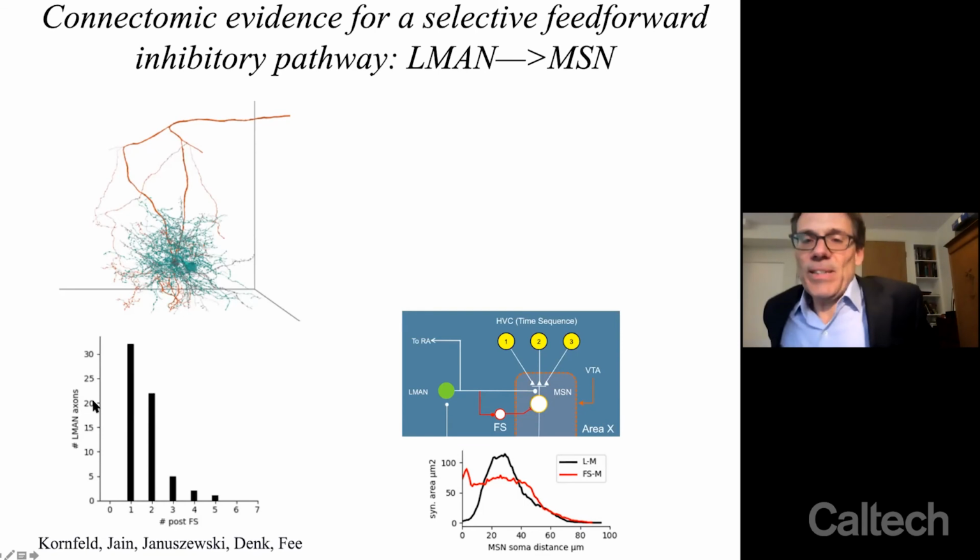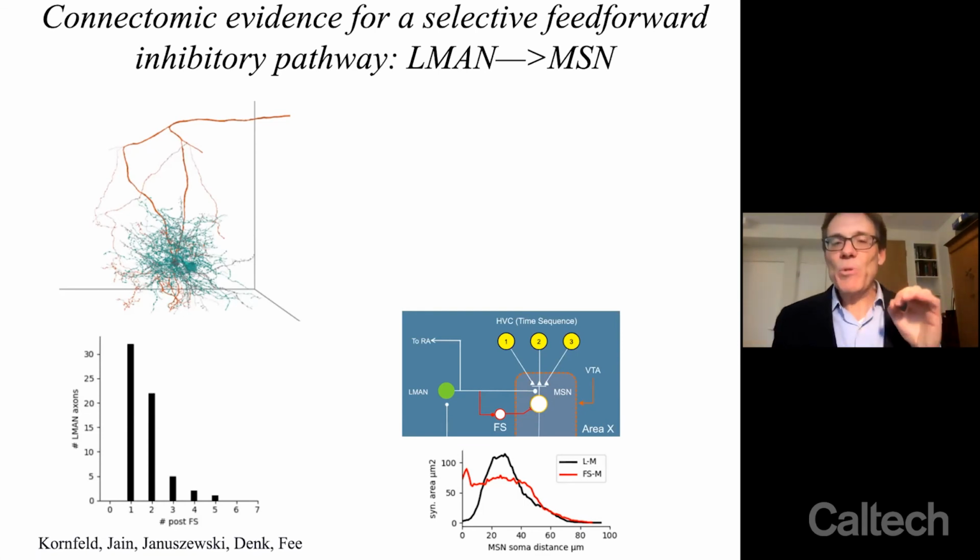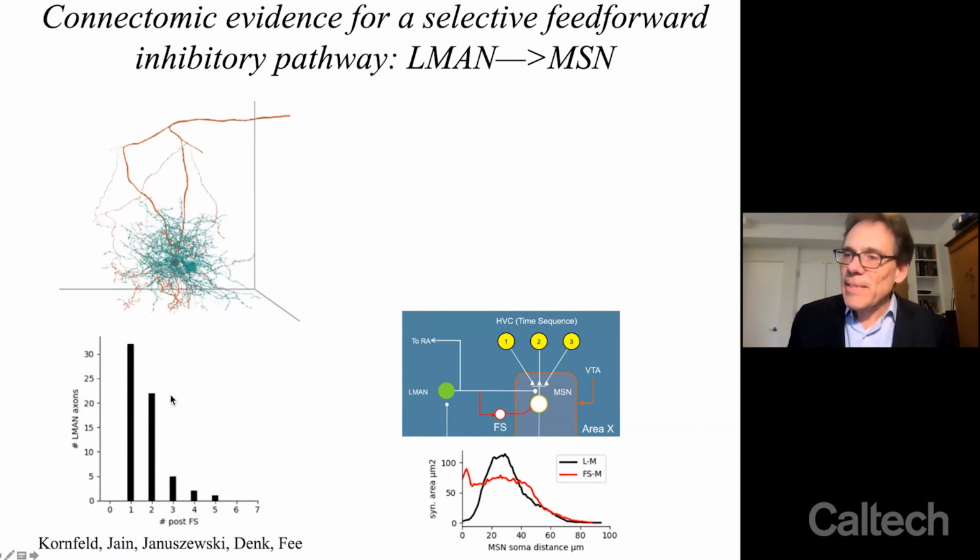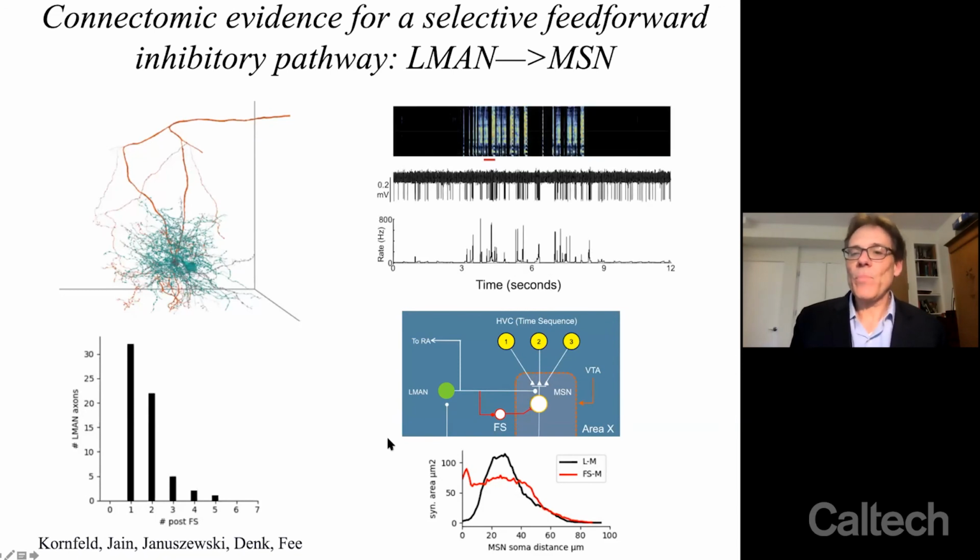Now, consistent with this, a direct analysis of L-man to FS connectivity shows that the vast majority of the most completely reconstructed L-man axons form synaptic contacts with only one or two FS interneurons, and very few L-man axons form synaptic connections onto more than two FS interneurons. Further evidence for that degree of selectivity comes from electrophysiological recordings done in our lab by Jesse Goldberg when he was a postdoc in the lab.